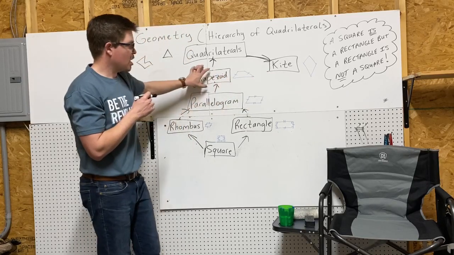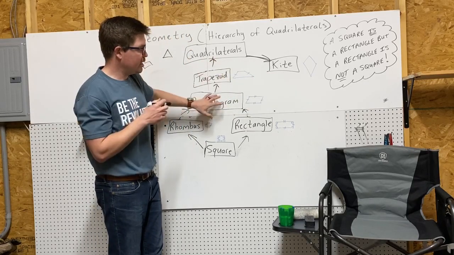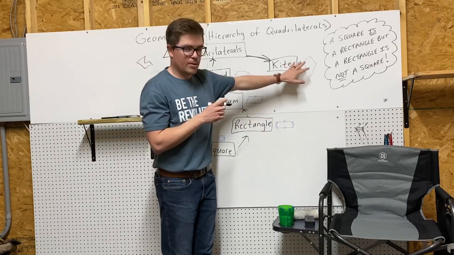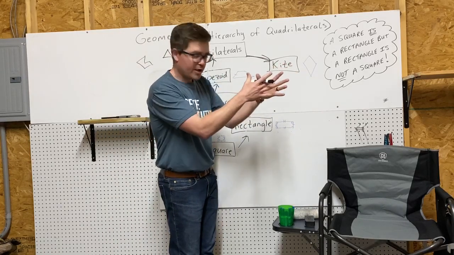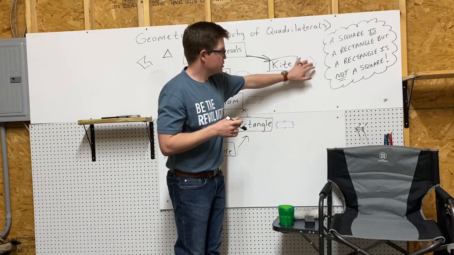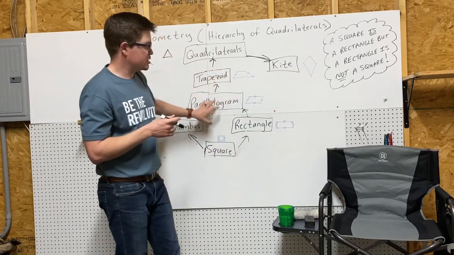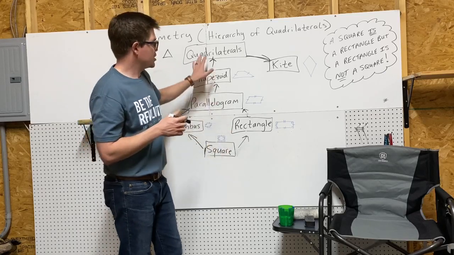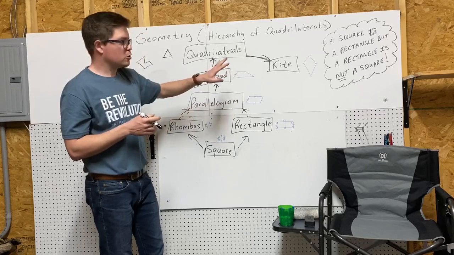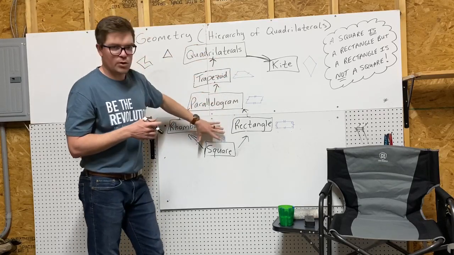Now, when I said nothing in common, the reason why is that all of these are different from the kite. You can tell my drawing is not up to par, but a kite is a little bit different in that the angles are different from the angles you would see in normal quadrilaterals. So the kite's off to the side. That's the only quadrilateral that is not listed in the actual hierarchy.